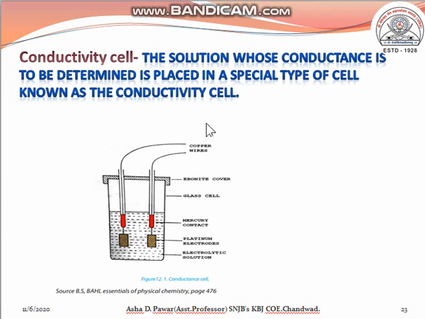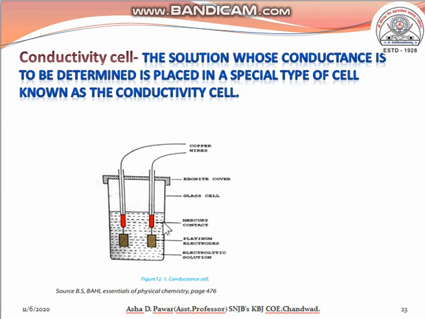The cell used for the measurement of conductance is known as the conductivity cell. The solution whose conductance is to be determined or measured is placed in a special type of cell known as the conductivity cell.